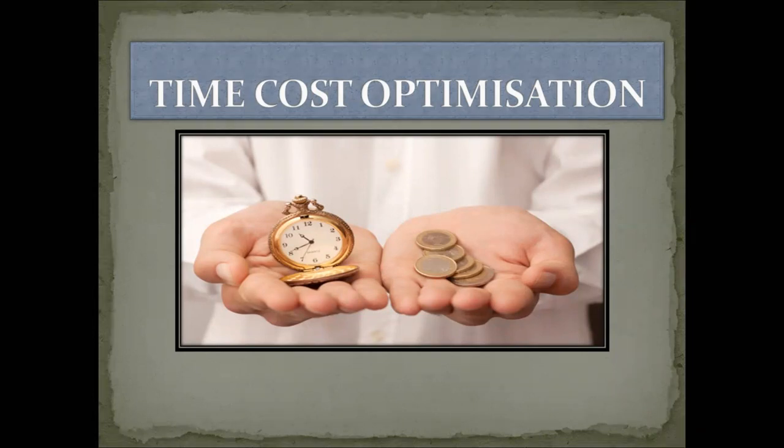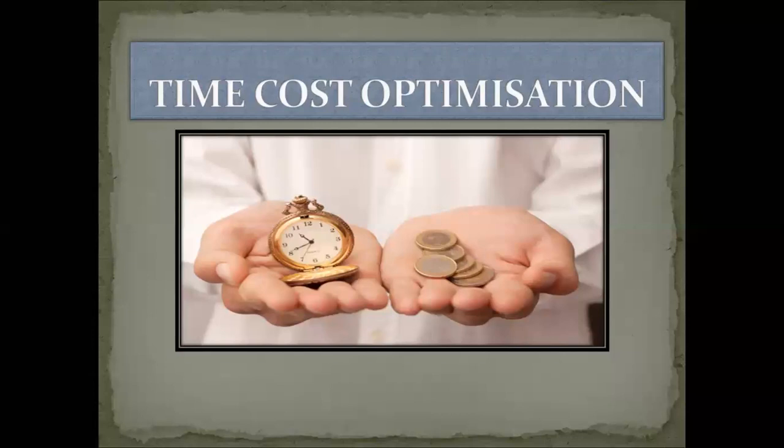The project is finished early, but its cost is increased by 1,80,000, and that is called crashed cost. So whenever we go for time and cost optimization, we have to think about normal time, normal cost, crashed time, crashed cost.